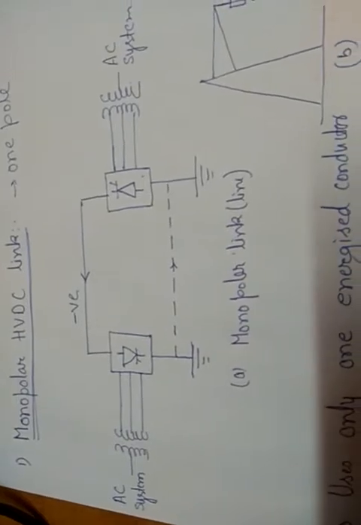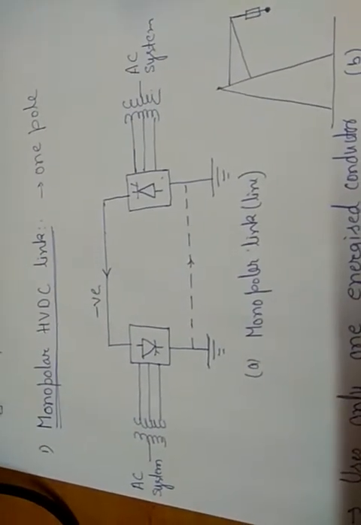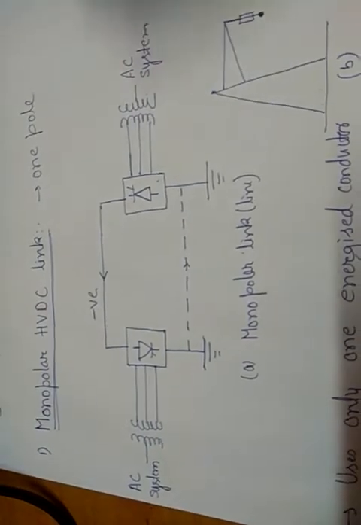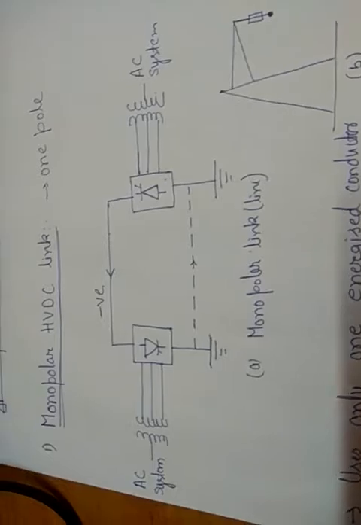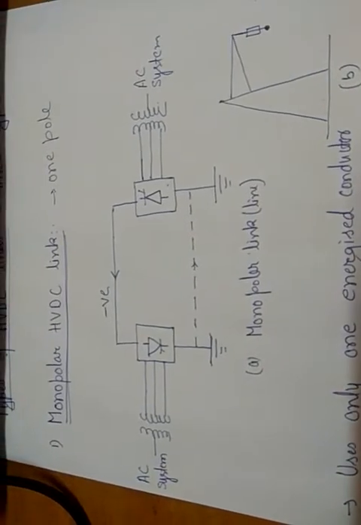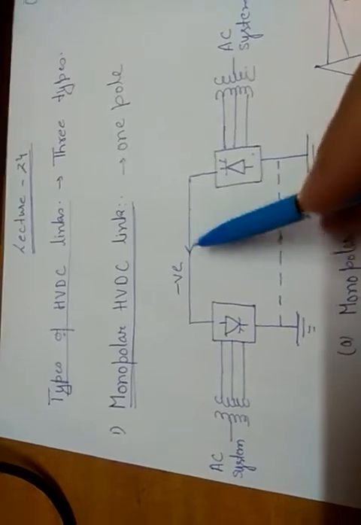There will be no power flow during that time. So this is the disadvantage of the monopolar link: it is less reliable. In case of any fault or abnormal condition, the power flow will be interrupted. Also, since only one conductor is used, the power transfer capacity is low.